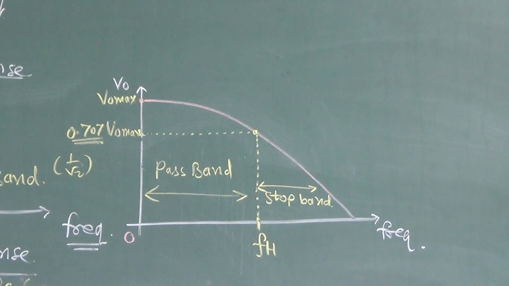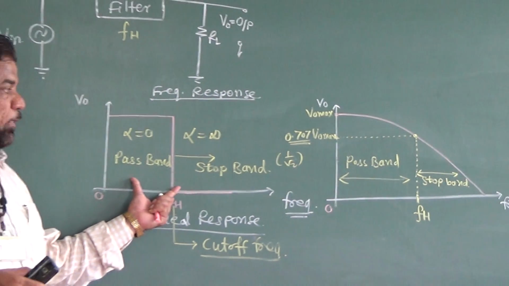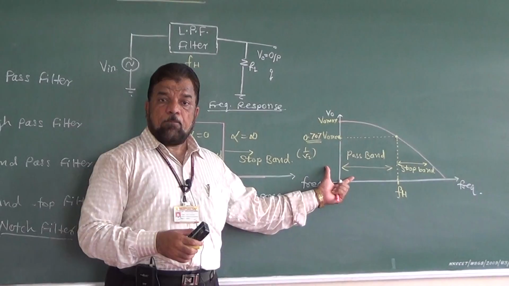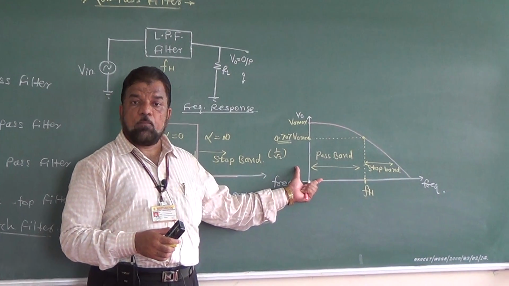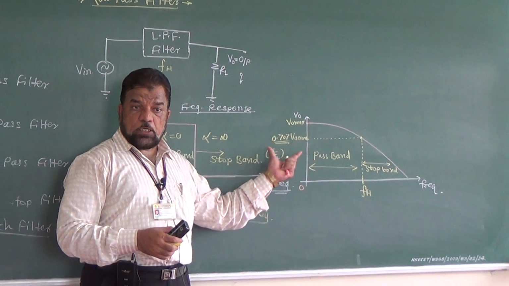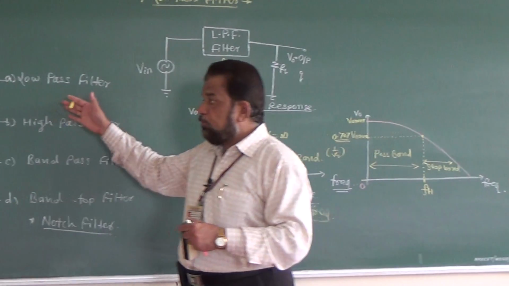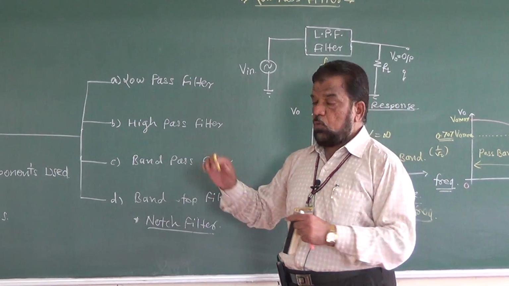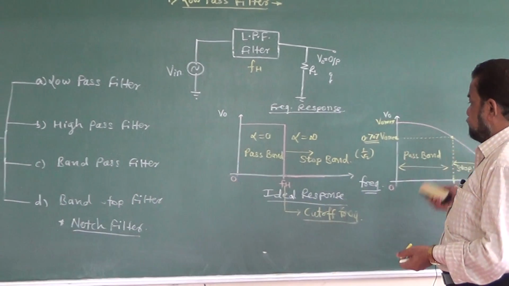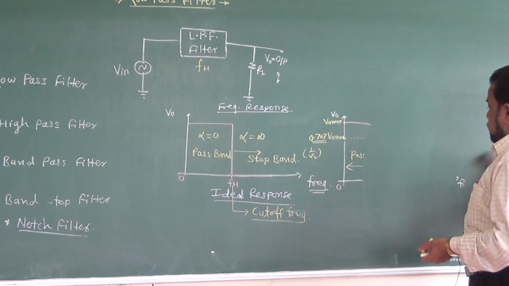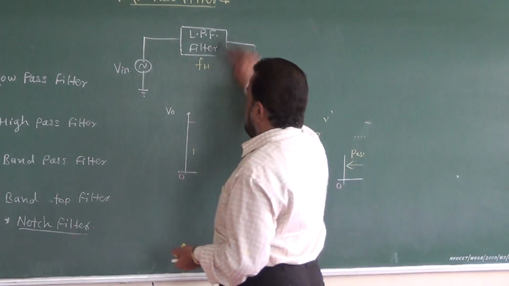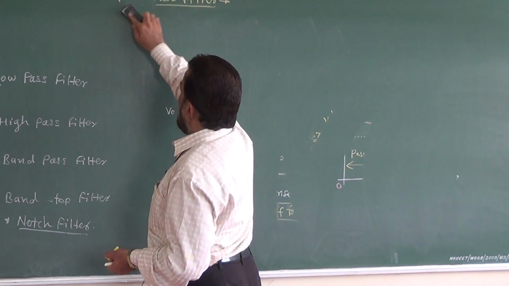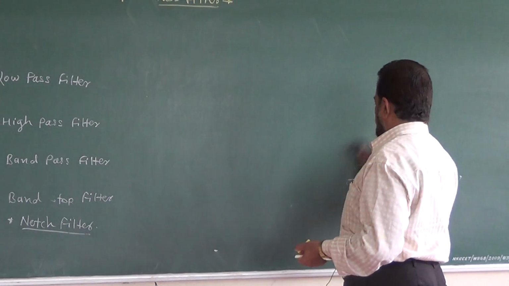That means this is the ideal response of low pass filter, whereas this is the practical response of low pass filter. And once you understood this one, what the remaining types are, very easily you can get it. Alright? Okay. So let us move to the next filter circuit, that is the high pass filter circuit.